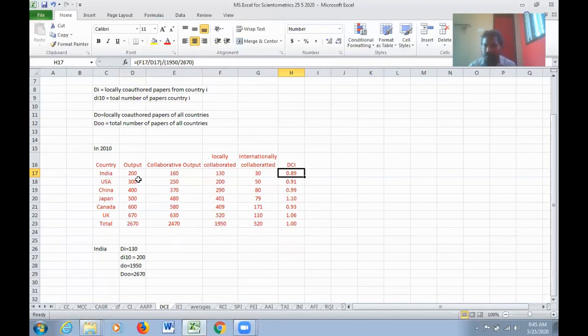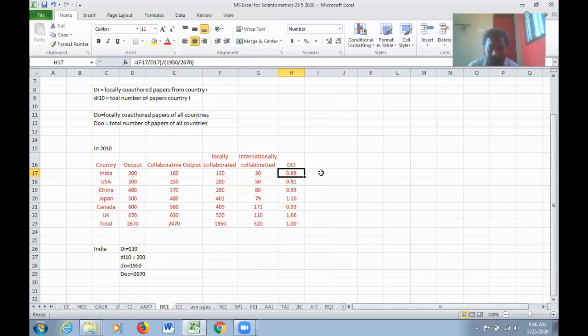You get the answer. Divided by 1950. What is 1950? Total number of locally collaborated papers and contributions of the entire world. You take all the countries, totally 1950 papers are created out of local collaborations. So 1950 divided by 2670. 2670 is the total output of all the countries taken together. So what is our DCI? 0.89.